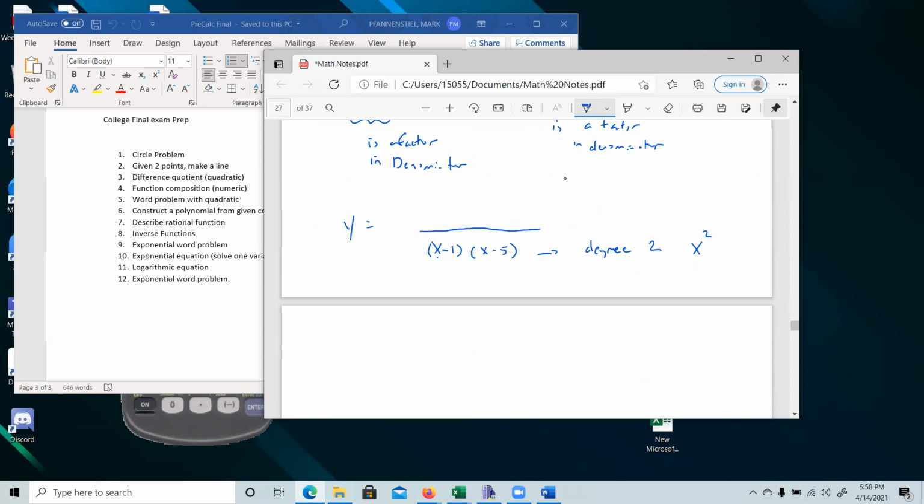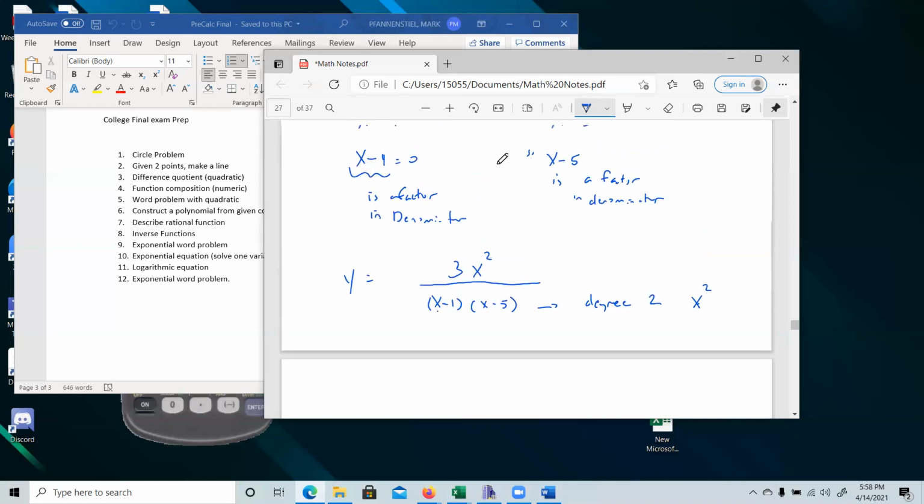So we're going to need an x squared because the degrees have to be the same. And the coefficient here divided by the coefficient on the bottom has to be 3. Okay. So there we go with that.